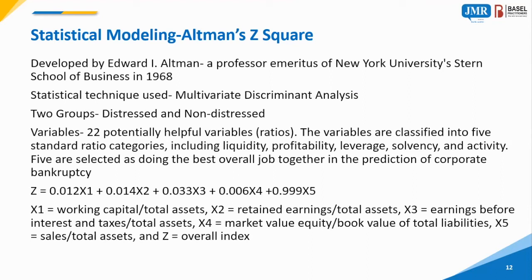Discriminant means you are discriminating between a potential defaulter and non-defaulter. Given certain parameter values, the data should be able to classify a particular potential borrower in the default group or non-default group.